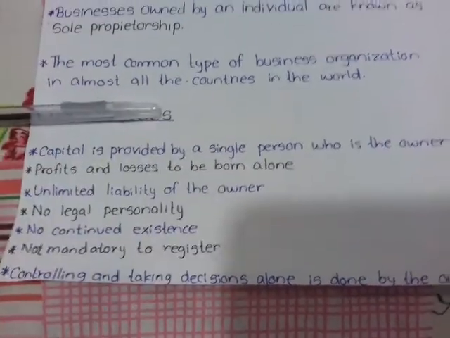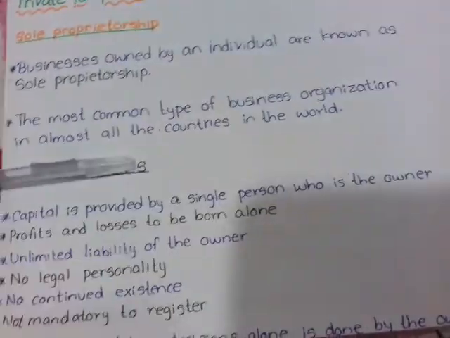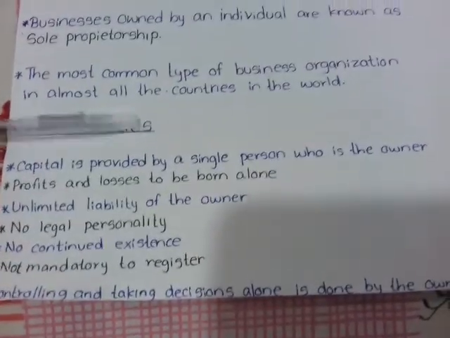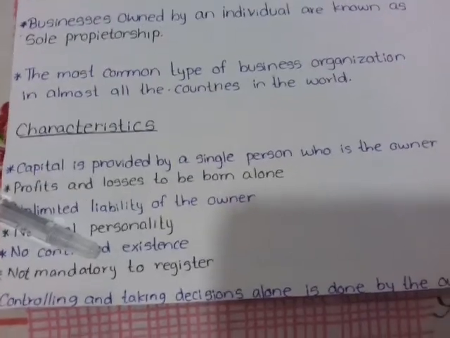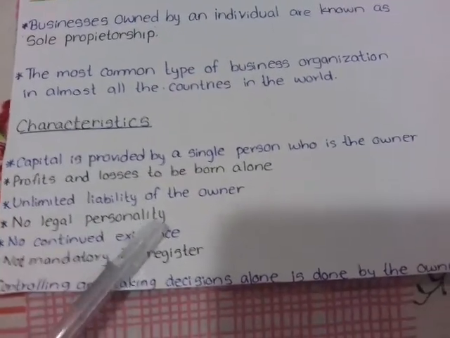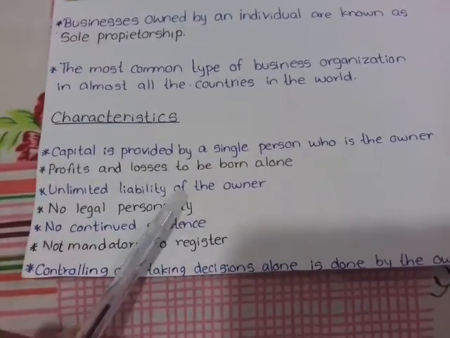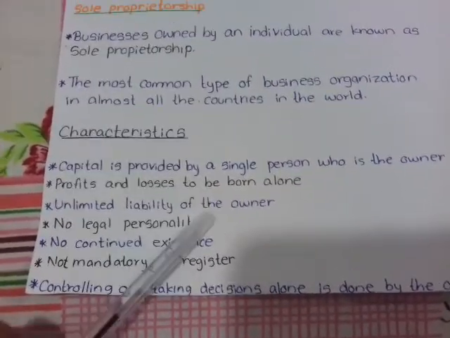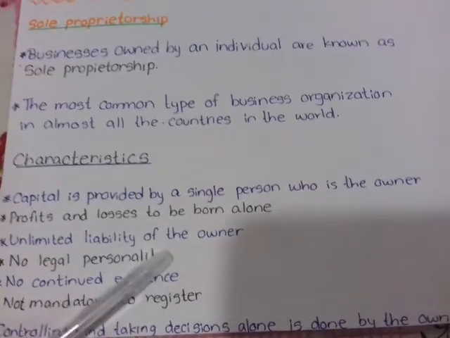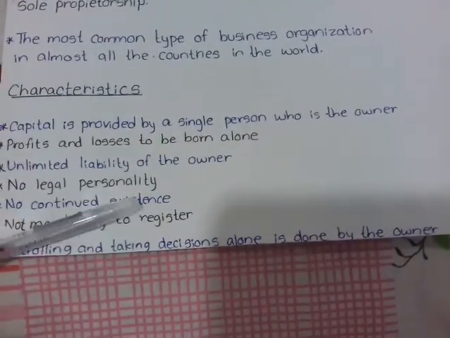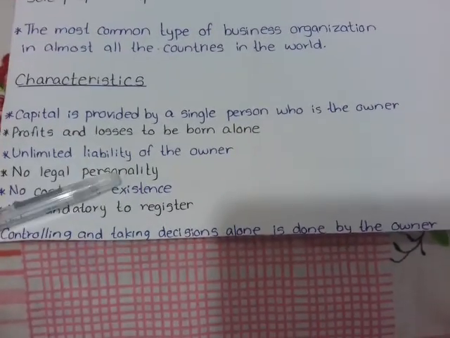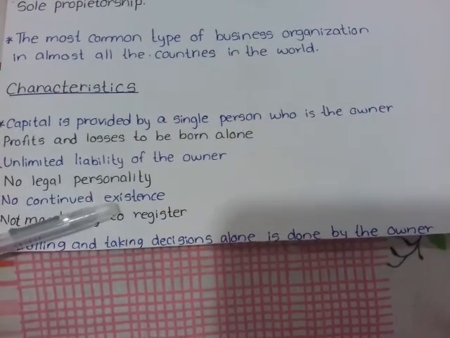That means, for example, just think the owner took a loan for his business and now he doesn't have money to pay it. But as he, the individual, is the owner, he has to pay it. Maybe he should sell his property, cars or anything to pay off his debts. So therefore, the owner has an unlimited liability.